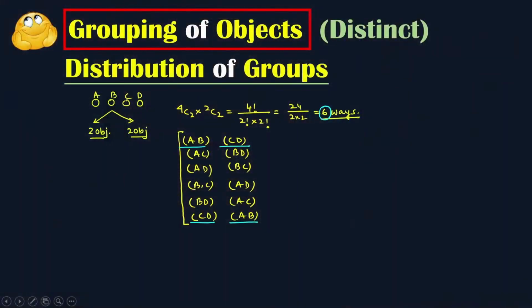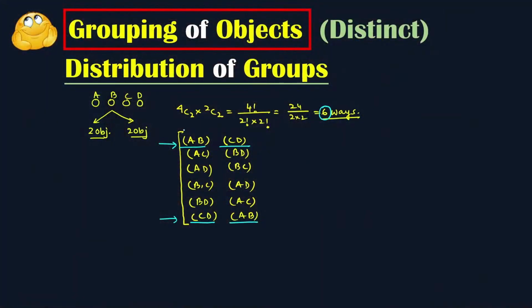Now if I say, no, first I have chosen CD, then AB, does it have any significance? It represents exactly the same 2 groups. Yes or no? So that is why this AB, CD division is the same as your CD, AB division.